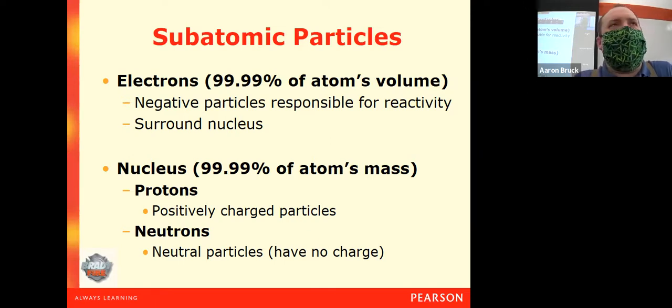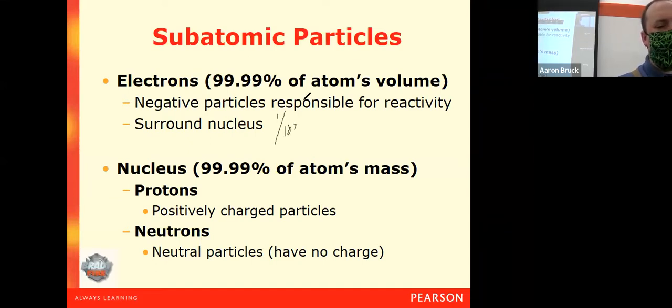Electrons are incredibly tiny in terms of their mass. In fact, an electron is about 1/1820th of the mass of a proton or neutron.